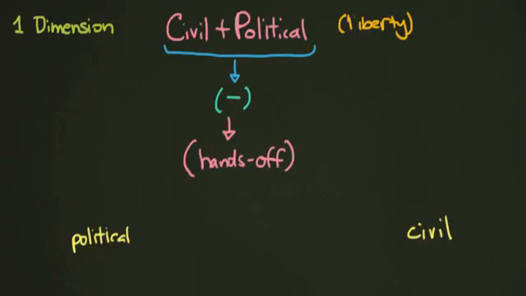So the civil rights have to do with your life and safety, and have a little bit more to do with how you interact with society. And the political rights have to do with how you can exercise your political and legal rights. On the political side, we might talk about things like the right to petition or the right to justice.